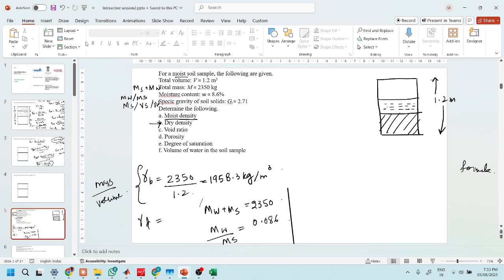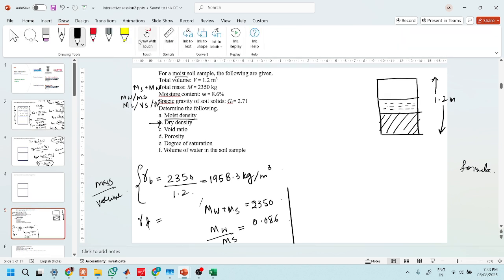So mass of water equals 0.086 times mass of solids. So this will be 1 plus 0.086 times mass of solids equals 2350. Can somebody calculate the mass of solids from here?